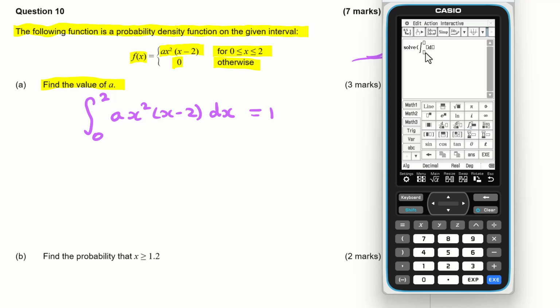So we're going to go Integral, and we need to go from 0 to 2 of.